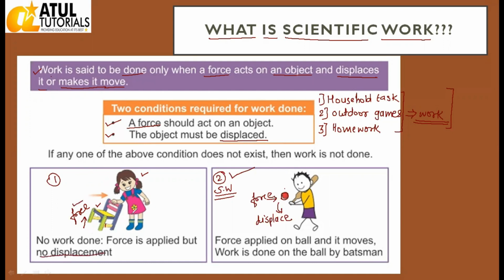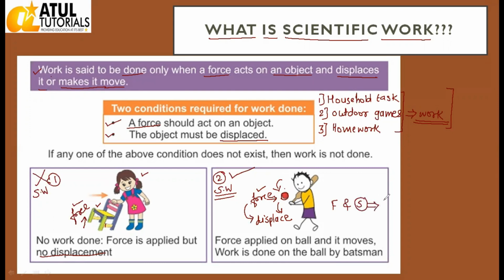So therefore, this first task we cannot term as scientific work. But in the second example, force is also there. This boy is applying force on this ball, and due to this force, this ball gets displaced. So both the conditions are there.